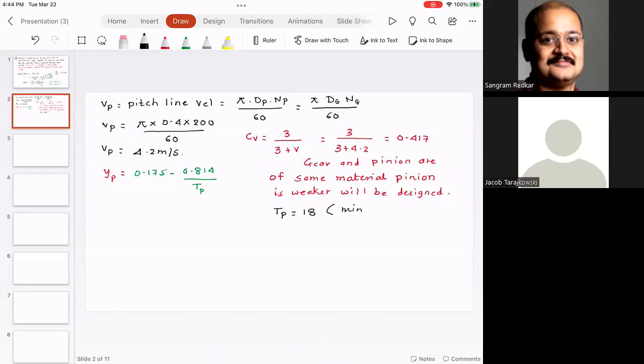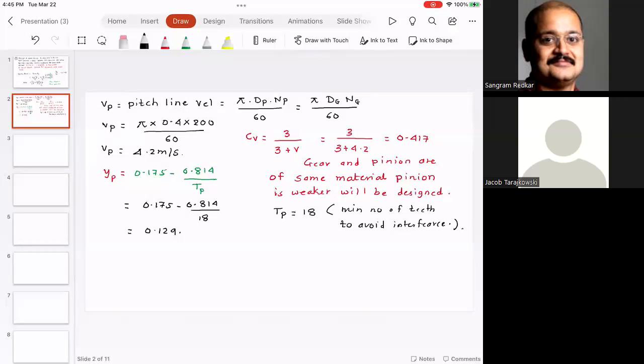I think the minimum number of teeth to avoid interference is 14, right? So the YP value is going to be 0.175 minus 0.814 divided by 18, and that is 0.129.